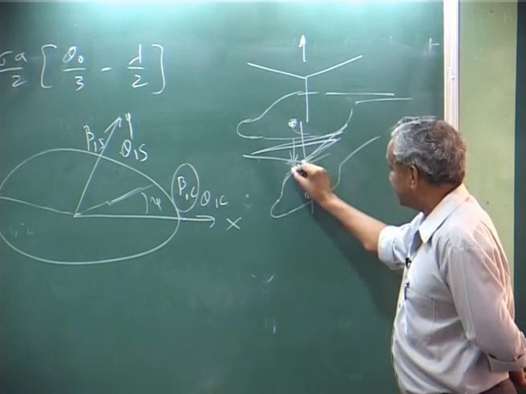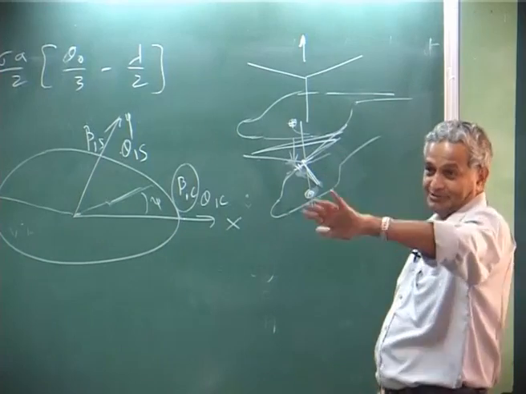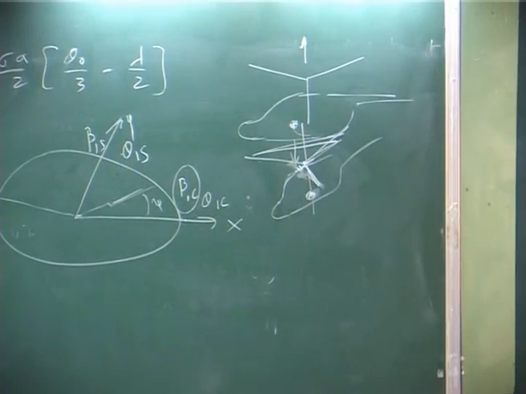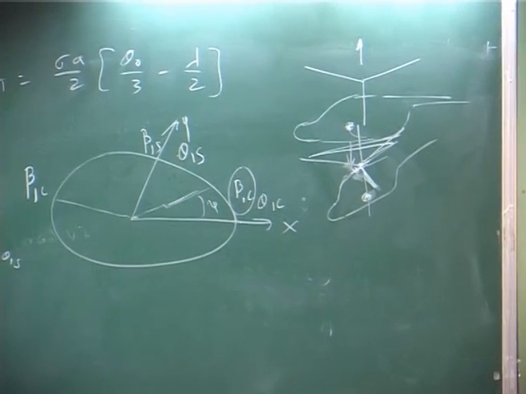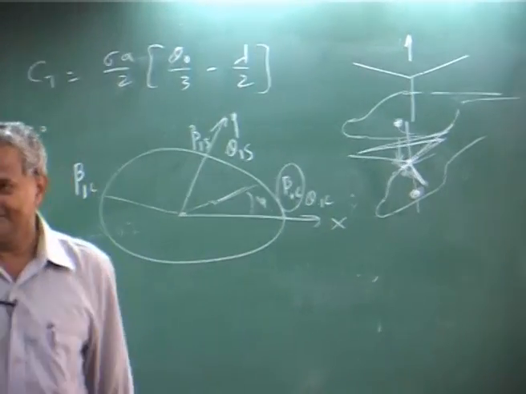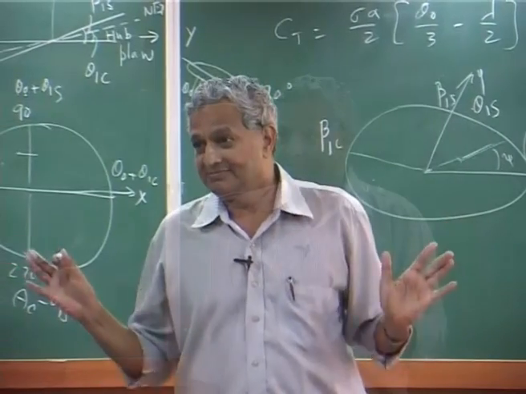That means hub plane is like this, okay, which means I have to give a cyclic input depending on the CG location. Okay. That is what happens usually, because depending on the CG location he has to give a cyclic, very little. If it is right on shaft, no problem.